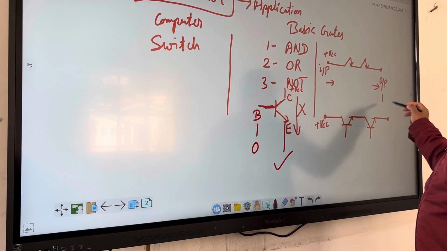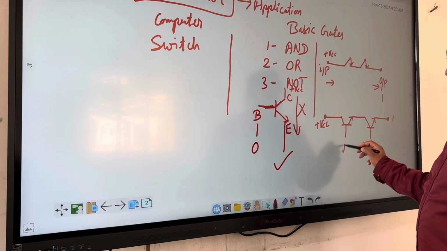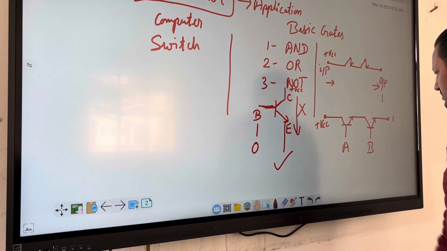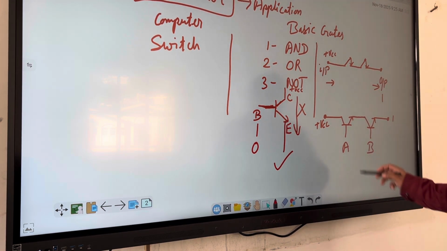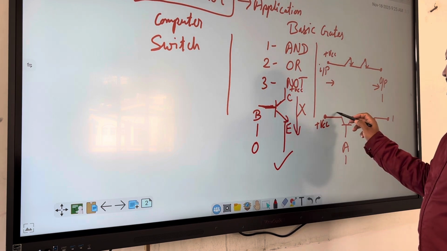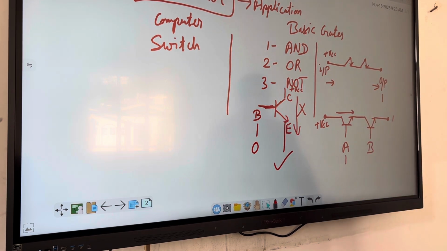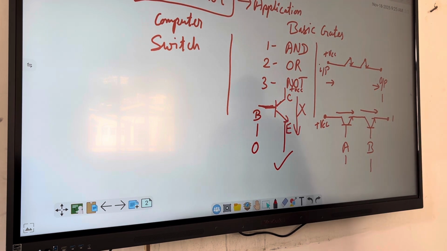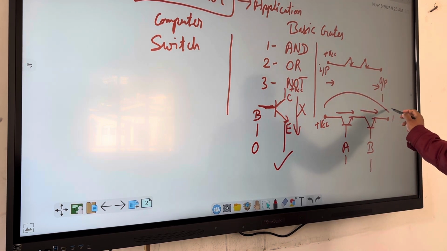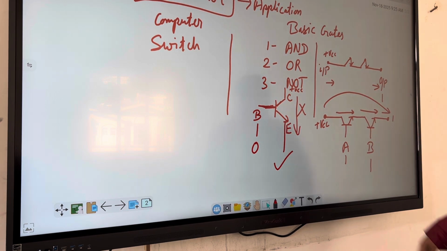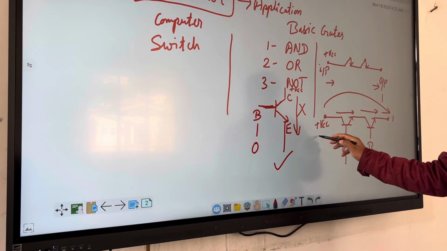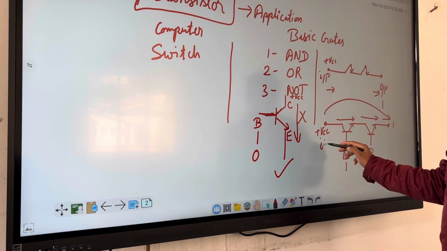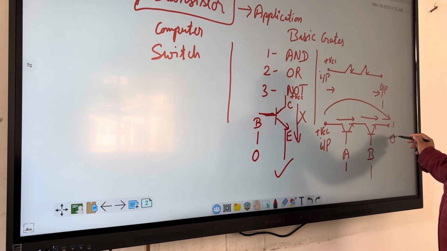I want 1 on this side, and these are my two input bases. When I give 1 to A, it will pass this current. When I give 1 to B, it will pass this current. So this VCC will reach the output, or this 1 will reach the output. This is your input and this is the output.